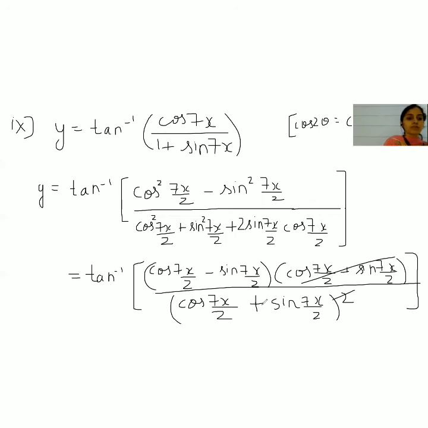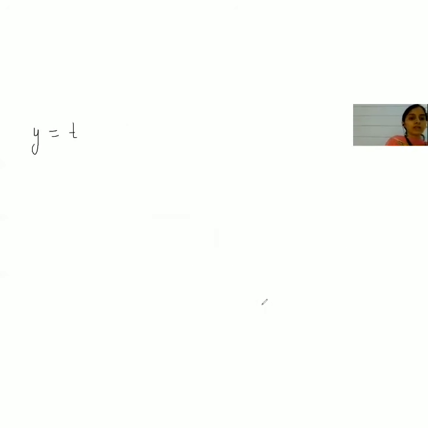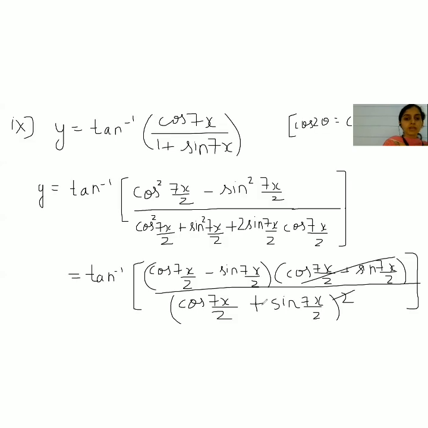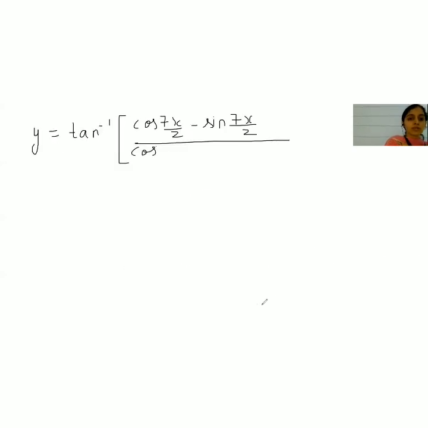So what are we left with over here? y is equal to tan inverse of bracket cos of 7x by 2 minus sin of 7x by 2, divided by the denominator, which is only plus. So cos of 7x by 2 plus sin of 7x by 2.